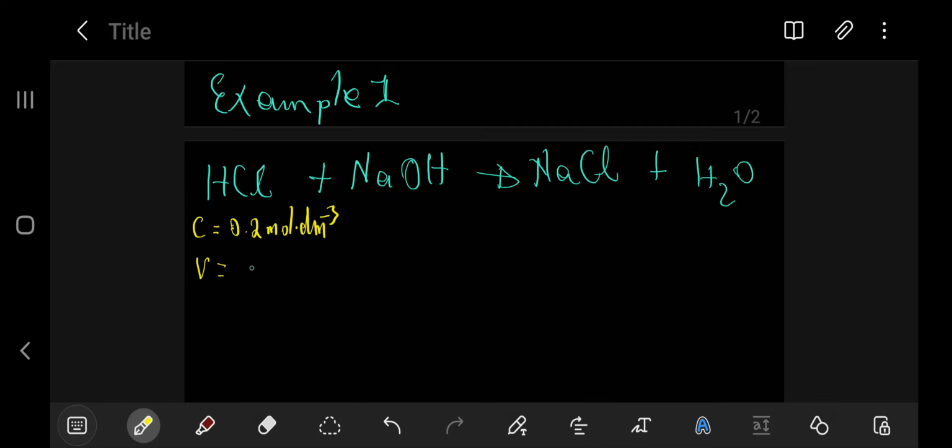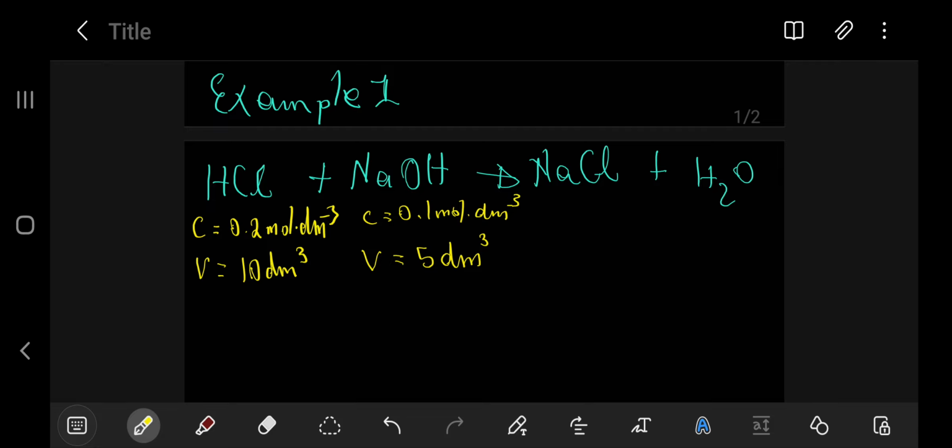So this hydrochloric acid reacts with sodium hydroxide of concentration 0.1 mole per cubic decimeter in a volume of 5 cubic decimeter.